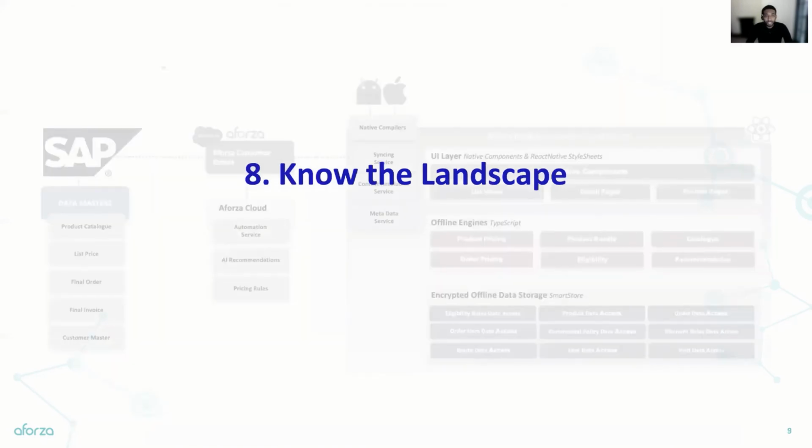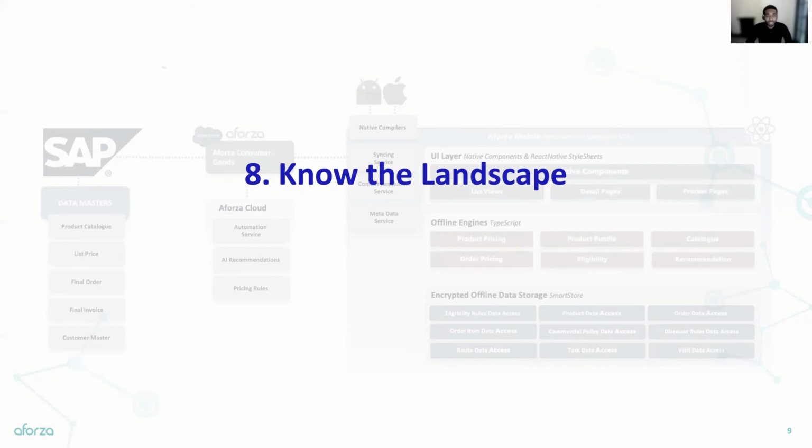Number 8 is know the landscape and know the rules around it. So within consumer goods, normally, especially in the enterprise, there's going to be some type of ERP. There might be a data lake. There might be other systems in the landscape, not just one platform on its own.